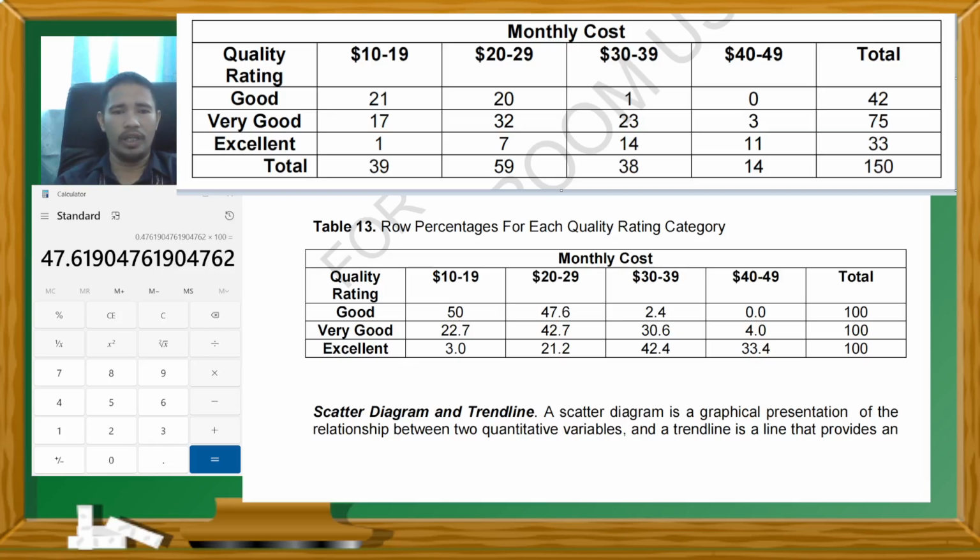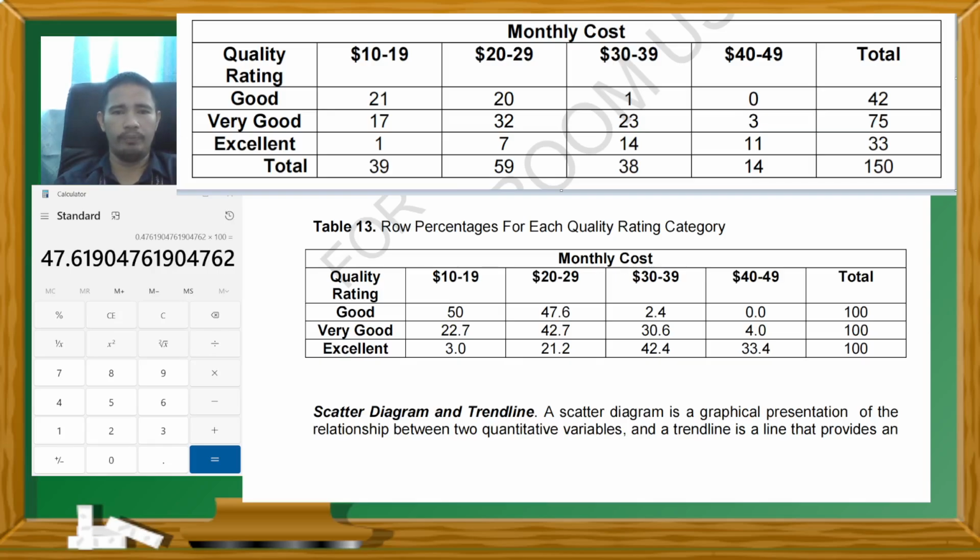To have the answer of 50, you need to divide 21 by 42, and you get 50%. Then this one, 17 divided by 75. This one, 1 divided by 33. So you can get this information.